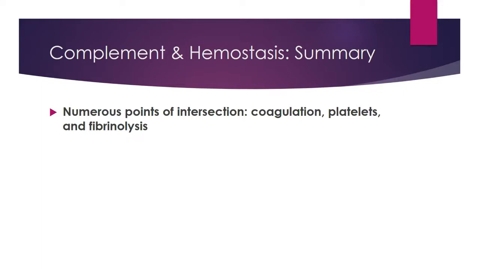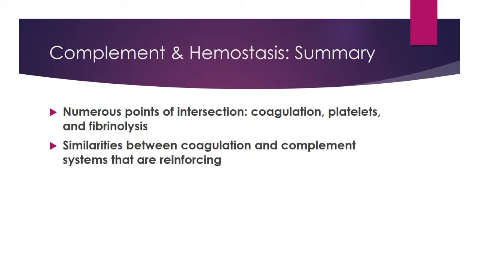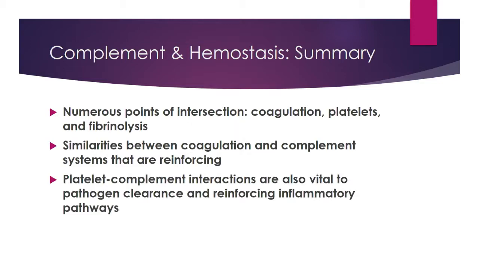So to summarize this part of the talk, I think I've demonstrated that there are numerous points of intersection between the complement system and coagulation, platelets, and fibrinolysis, and that there are similarities between the coagulation and complement systems that are reinforcing each other. And then there are vital platelet-complement interactions that promote not only pathogen clearance, but both coagulation and inflammation.